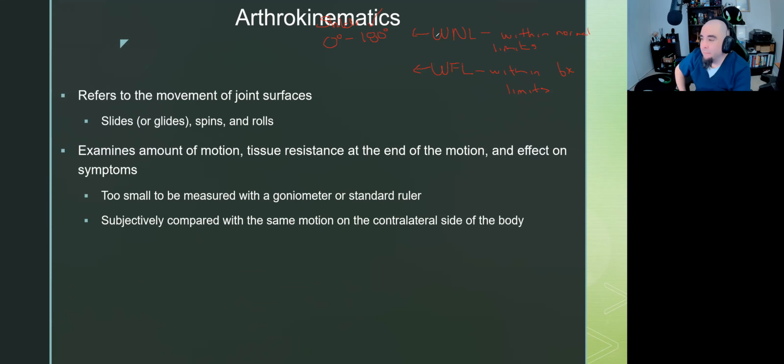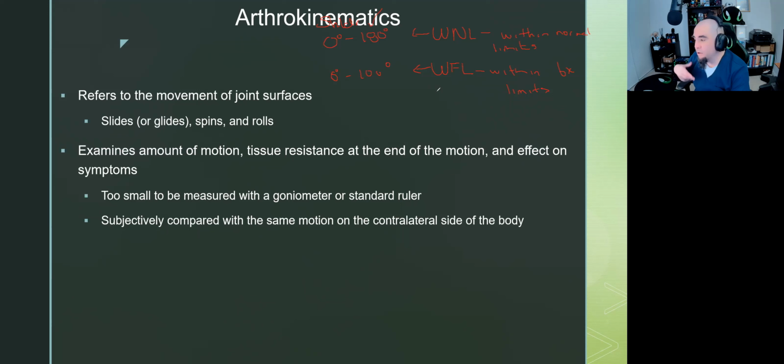Within functional limits can be a bit subjective because there are a couple of different functions. But if the patient has 0 to 100 degrees, for most activities that patient is within functional limits. 0 to 120, exactly, Steph.